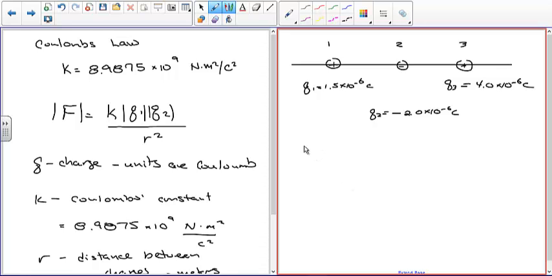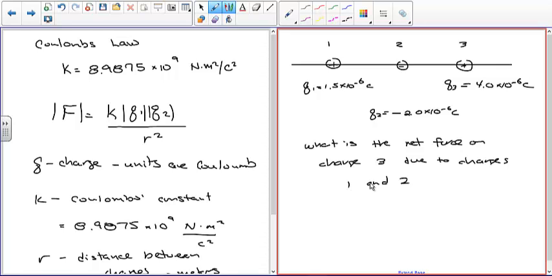And the question is, what is the net force on charge 3 due to charges 1 and 2?